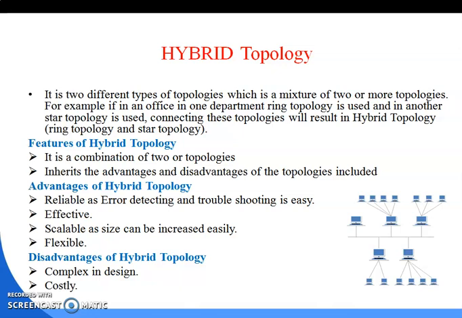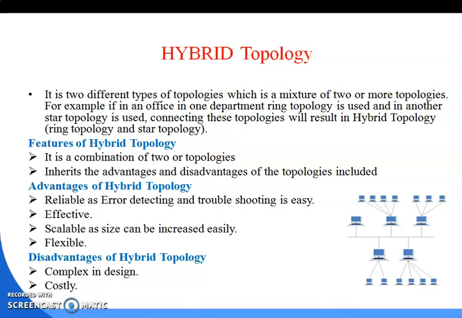As the number of different types of topologies used increases, the design also becomes very complex and costly. Definitely it is a costly topology, because different types of topologies are used in one structure, so the cost will be high compared to other topologies.